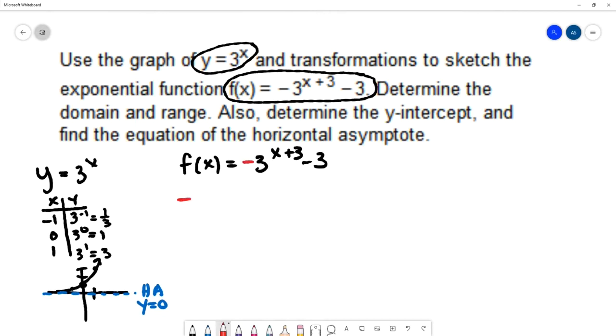This negative is going to be a vertical reflection, and that's going to reflect over the x-axis. Then we have this plus 3 here. The plus 3 is going to be a horizontal shift. And that horizontal shift, because of the plus, is going to shift left 3.